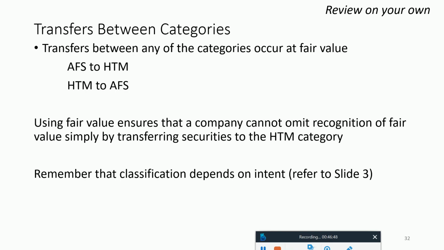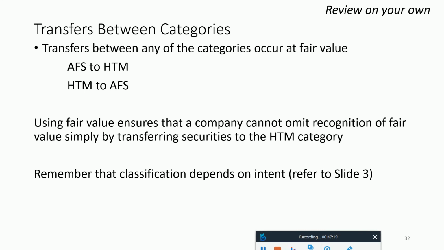Another consideration that we need to think about, or another reporting issue, is transfers between categories. Transfers between available for sale to held to maturity, or held to maturity to available for sale, are going to occur at fair value. Now keep in mind that one of the ways that we distinguish between different types of securities is management's intent, right? And that is not only their ability, but also their strategy.